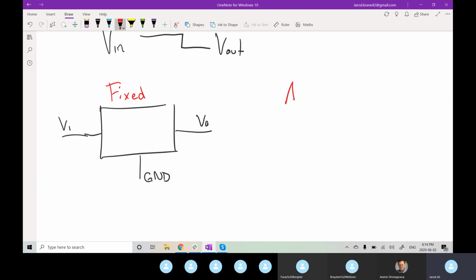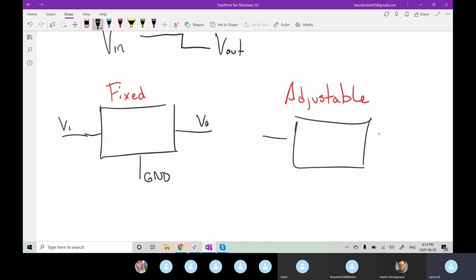Or you can have an adjustable one, which is basically the same thing, V in, V out, ground, but you also have a feedback pin.